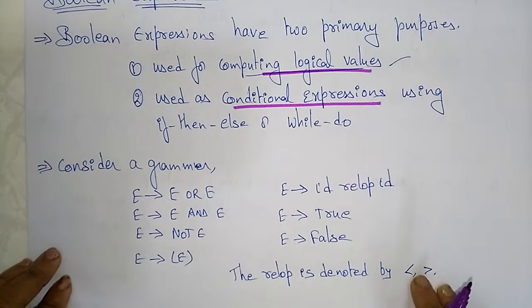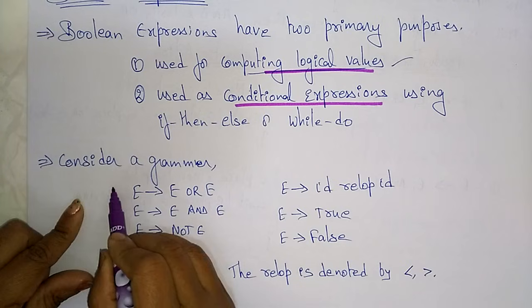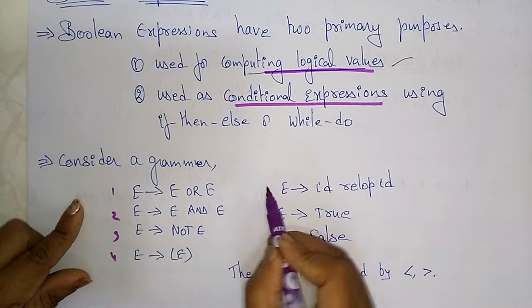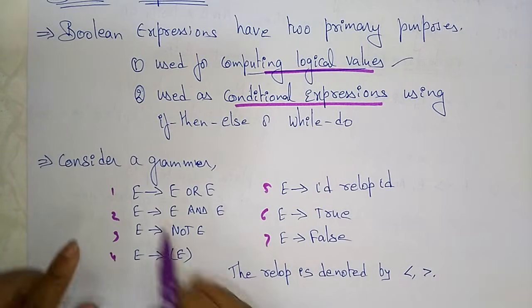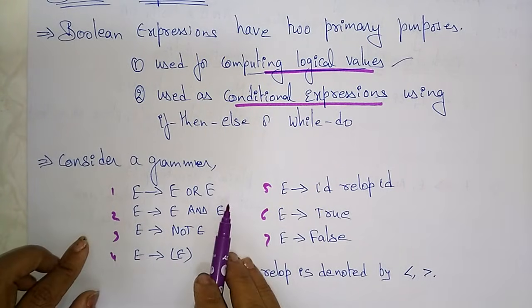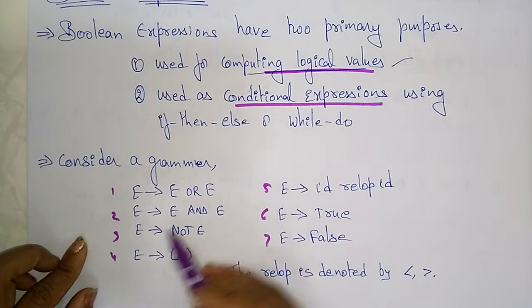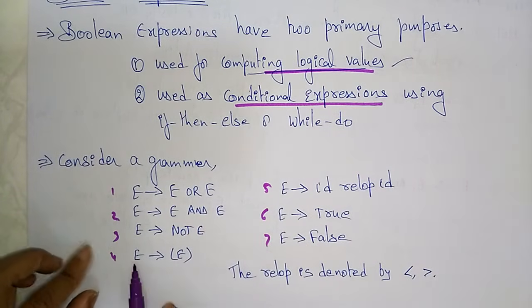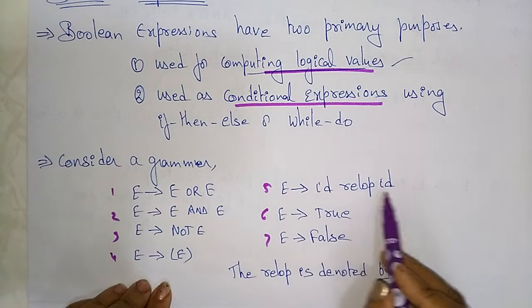So consider a grammar here. I'm taking a grammar of different productions. Seven productions are there for this grammar. E determines E or E. E determines E and E. These are the Boolean values, logical values. E determines not E. E determines E within the parenthesis. E determines ID relop ID.